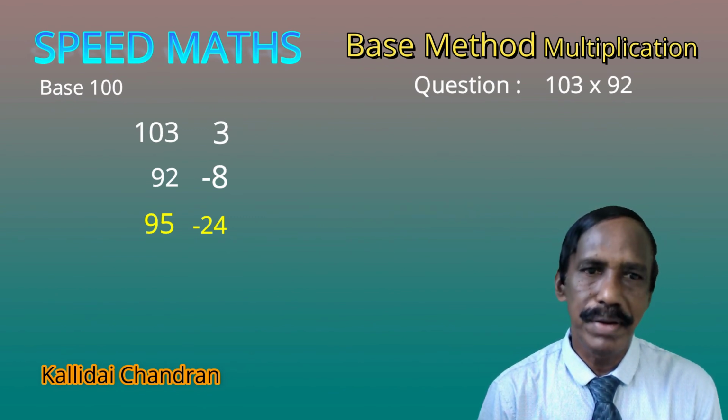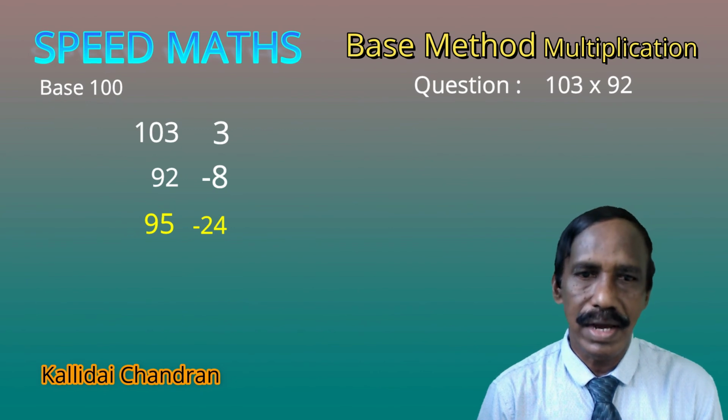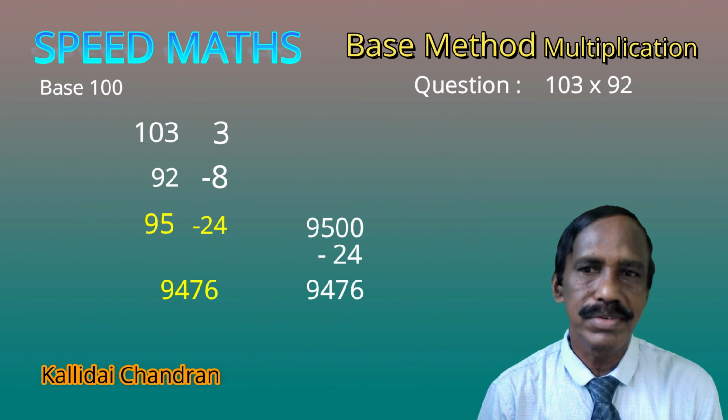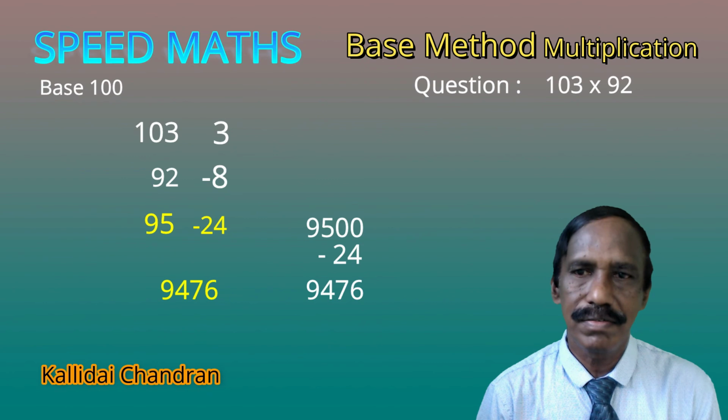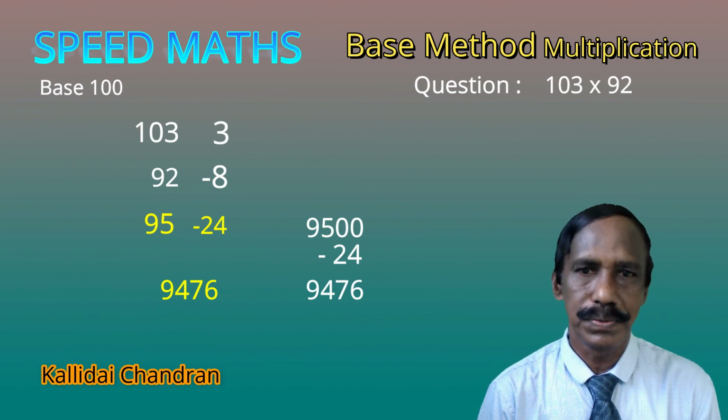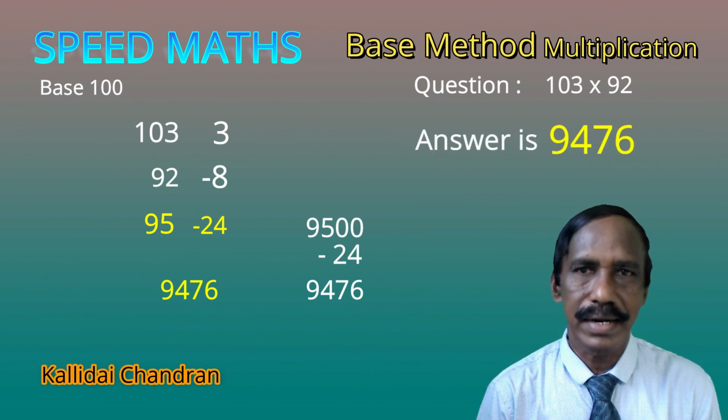Here also, since the base is 100, we have to add 2 zeros. When we deduct 24 from 9500, the answer is 9476. This is the answer of 103 multiplied by 92. Now we are going to see practice questions.